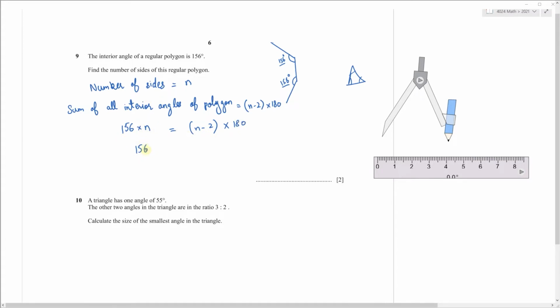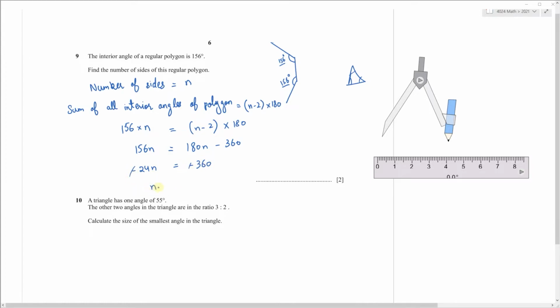So 156 times n will give you 156n. This will be 180n minus 360 degree. If I take this 180n to the other side, 156n minus 180n will give me minus 24n equals to minus 360.